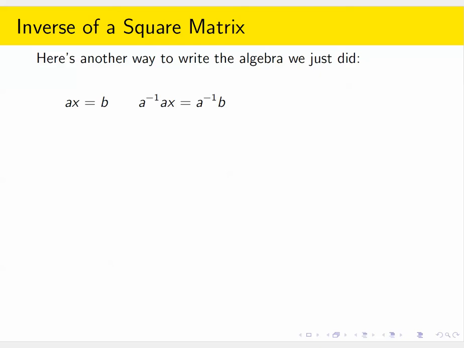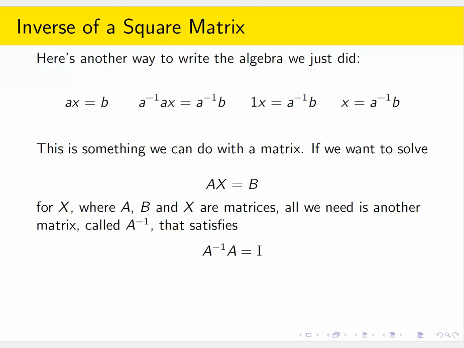The property that makes the reciprocal useful here is that a number times its reciprocal gives you 1. And 1x is the same as x, so we've isolated x in this equation. x is the reciprocal of a times b. And that's equivalent to the answer we got using division, b divided by a. It's just another way of writing it when you're talking about numbers.